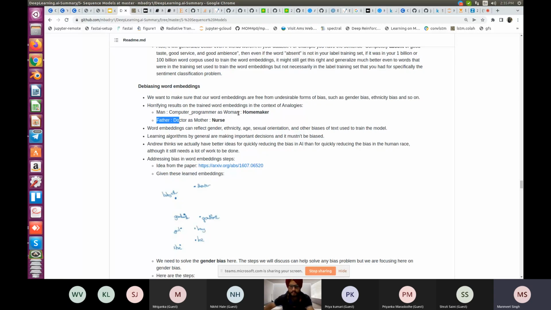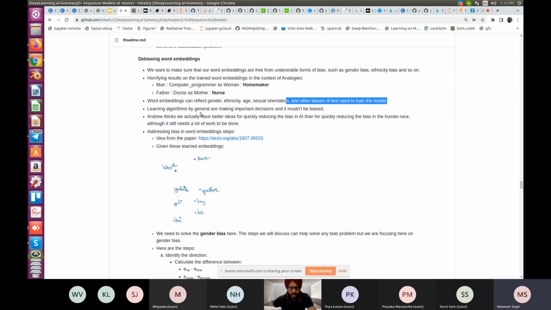Why this might happen is because man as a computer programmer might be coming many times in the data set on which we have trained our word embeddings, and there is a gender bias in our word embeddings. So word embeddings can reflect gender, ethnicity, age, sexual orientation, and other biases of the text used to train the model.